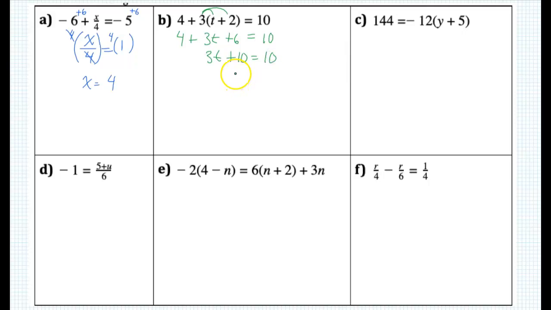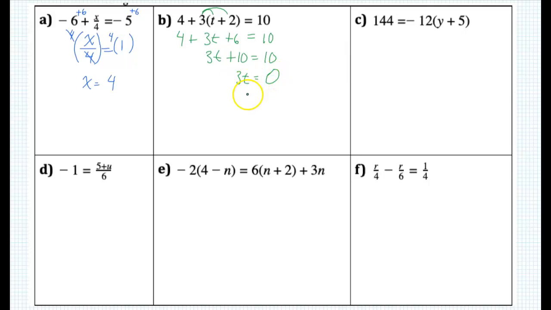Kind of got a funny situation here. So if I go ahead and subtract 10 from both sides, I'll have 3t is equal to 0. And there's only one solution that works for that, right? So we don't even really need to divide by 3.